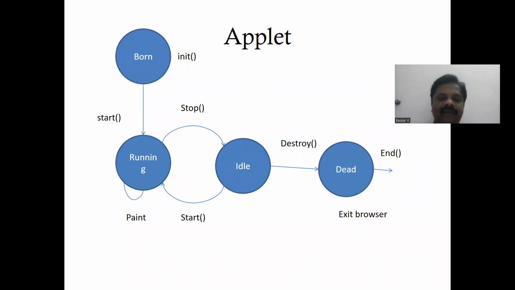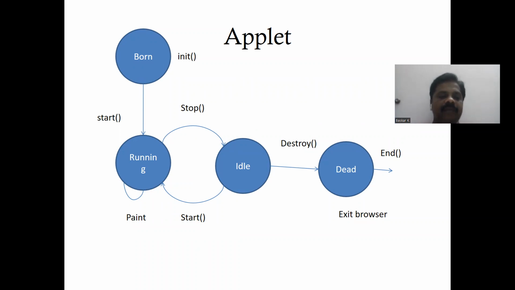So this is a diagram for the applet life cycle. First, the initial stage, the born state. Next a running state, an idle state, and a dead state. So here in the born state, we have to start the init method, the initialization method. Once it is initiated, then it will go to the start method.